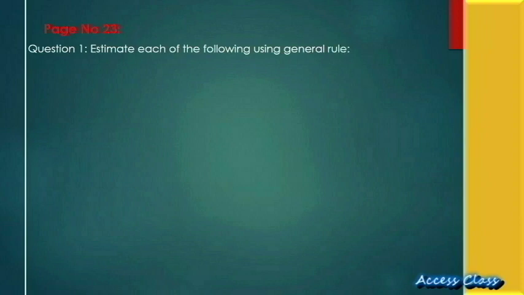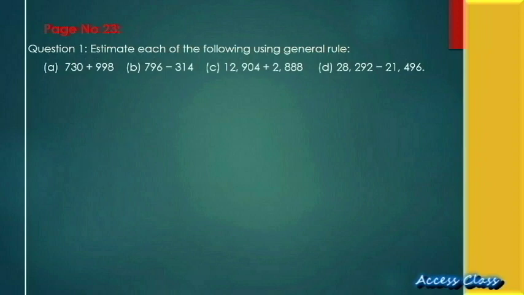Here we have 4 parts: A, 730 plus 998; B, 796 minus 314; C, 12,904 plus 2,888; and D, 28,292 minus 21,496.